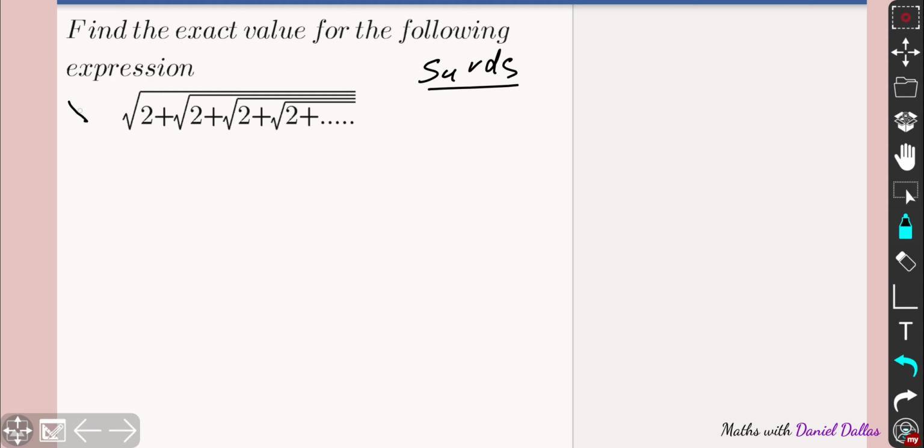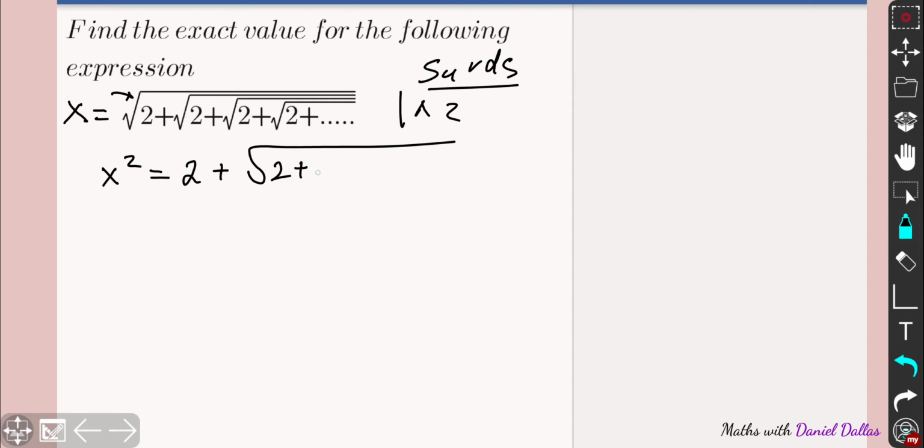If you express your unknown as x, you can say that if you square both sides, you'll get x squared equals 2 plus the square root of 2 plus all the other nested square roots.